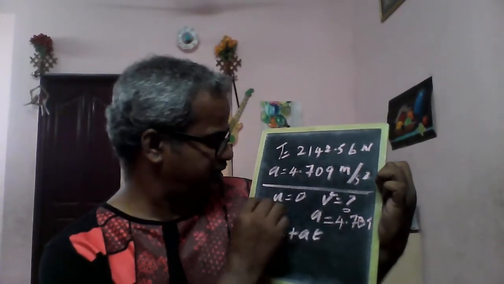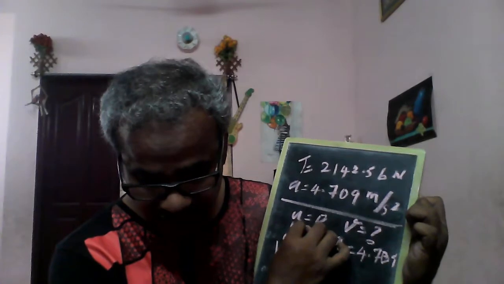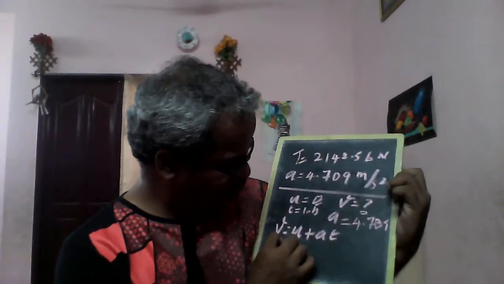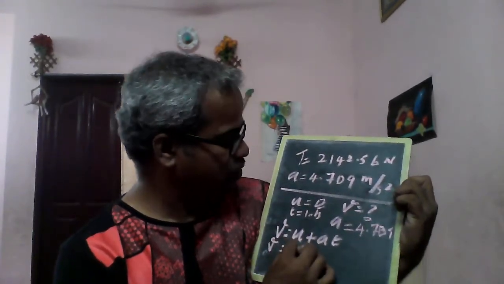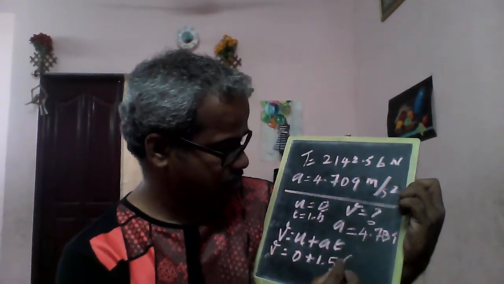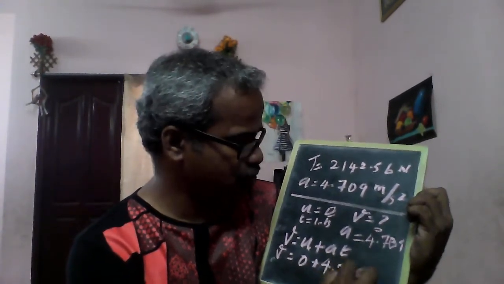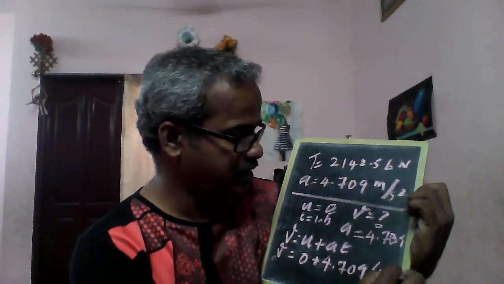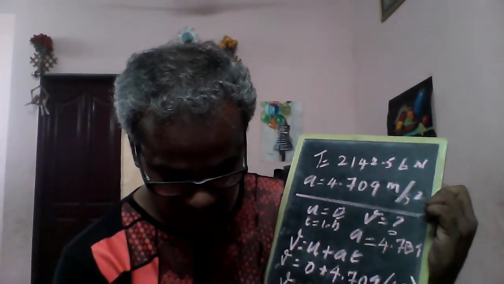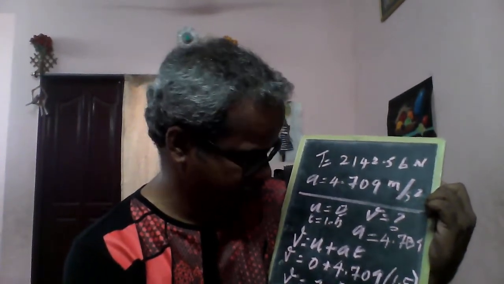T is given in this problem, it is 1.5 seconds. So you substitute U equal to 0, A equal to 4.709, T equal to 1.5. I will get the final velocity as 7.064 meters per second.